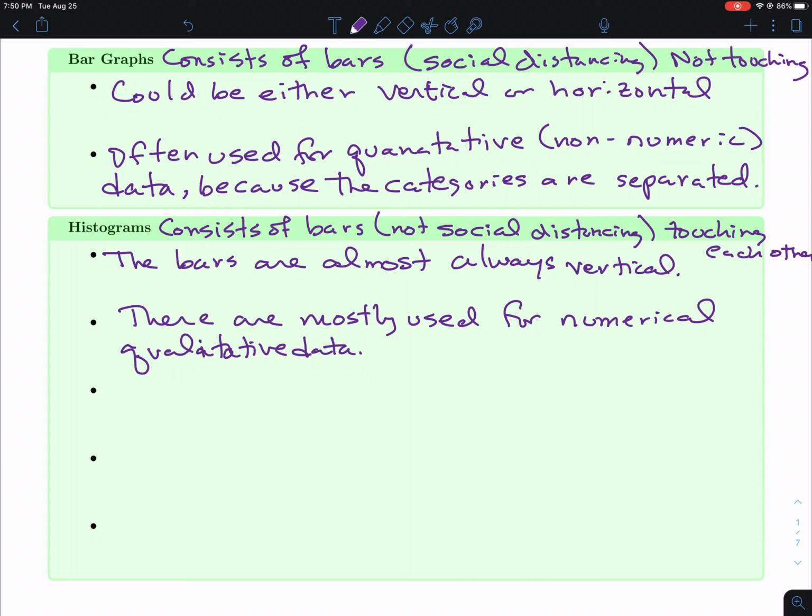The horizontal axis, or think about it as the x-axis, is always labeled with whatever the data represents.